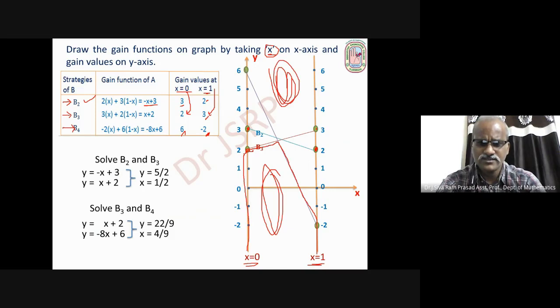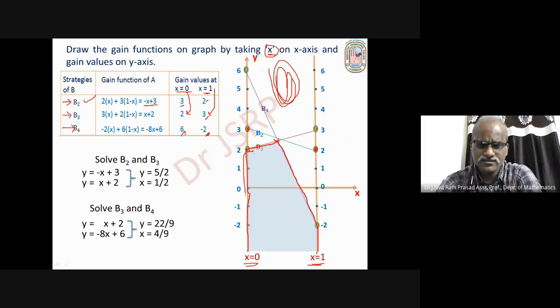In this lower region boundary, we have intersection points: this one, this one, and this one. Among these 3 intersection points, the highest level intersection point is this one. That is the maximin point. This shaded region is the lower region.